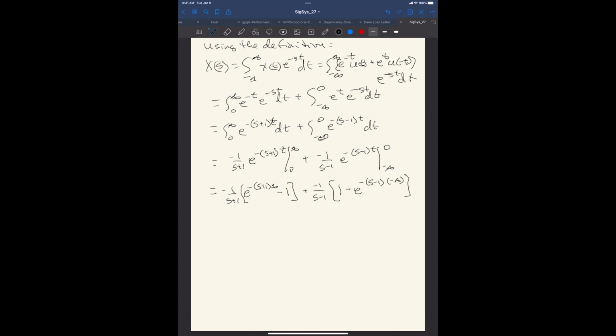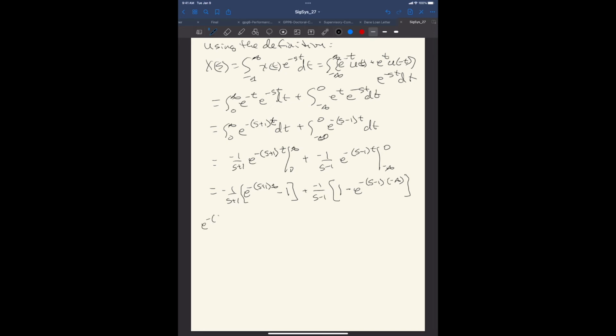Some of you are looking at this and going, why do I put the infinity in there? Because e to the minus infinity or e to the plus infinity, you think you know, but the problem is s is complex, right? So I'm going to pull out my evaluation for a minute.